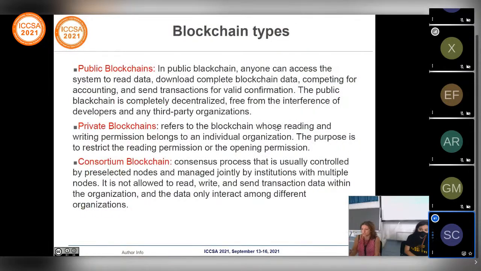Some blockchain types, the most common, are public blockchains, private blockchains, and consortium blockchains. In particular, in this latter type, the consensus process is usually controlled by preselected nodes and managed jointly by institutions with multiple nodes. So consortium blockchains are particularly interesting as they can be considered a middle case between the private and the public blockchains.